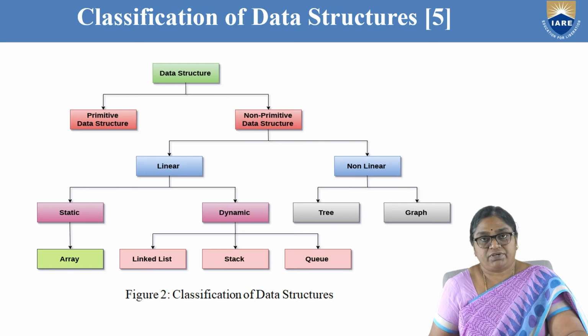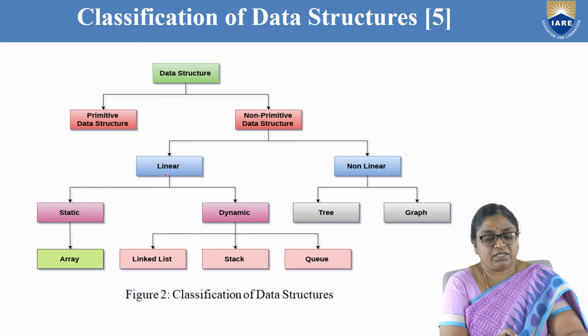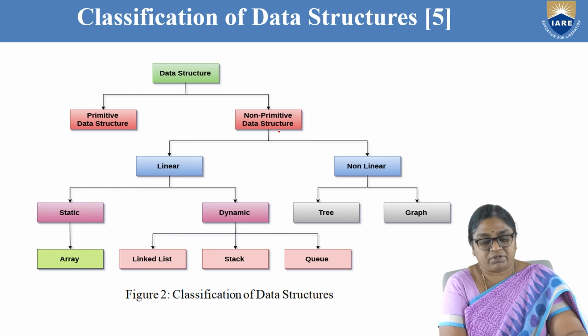The classification of data structures can be understood through this diagram. This is the broad idea of the classification of data structures. Initially, data structures are classified into two major groups: primitive data structures and non-primitive data structures. Again, non-primitive data structures are classified into linear and non-linear.